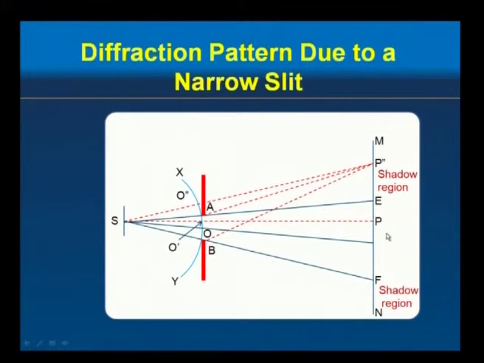The intensity at the point P will be effectively m1 minus m2. Minus m2 because the light coming from the second half period zone will be opposing that which is coming through the first half period zone. That is the reason why you call them half period zones.